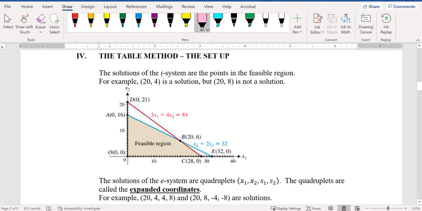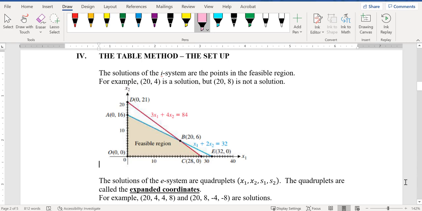An example: (20, 4). Here's (20, 4), so that point is a solution, but (20, 8), which would be up here, would not be a solution.